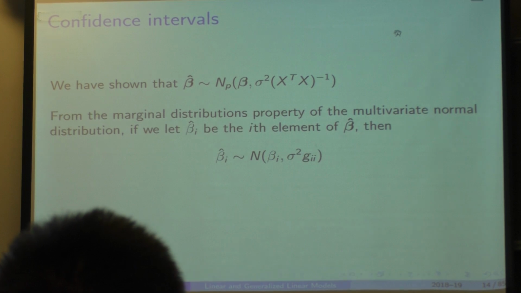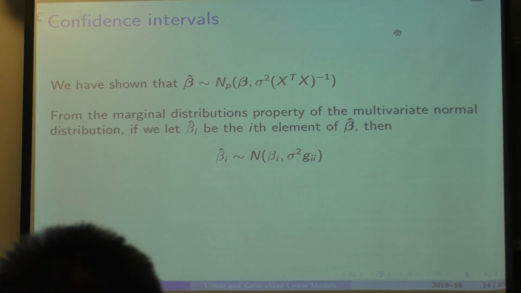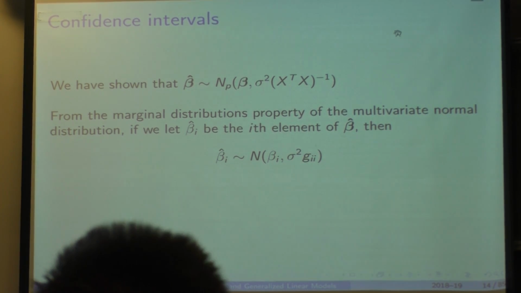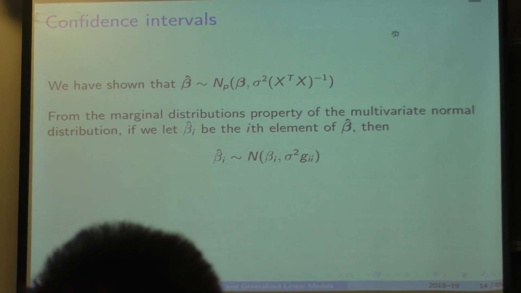Okay. Now, if we have a multivariate normal distribution, and we're interested in a single component, so for example, a particular component of the betas, the coefficient of a particular variable in the model, that is just a component of beta.